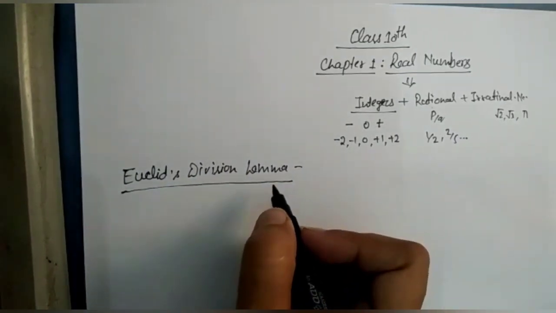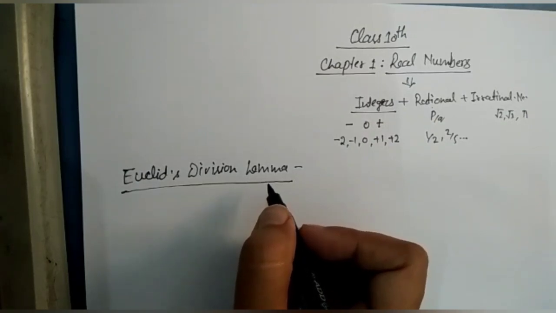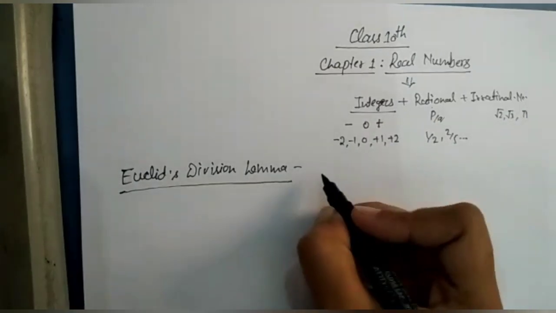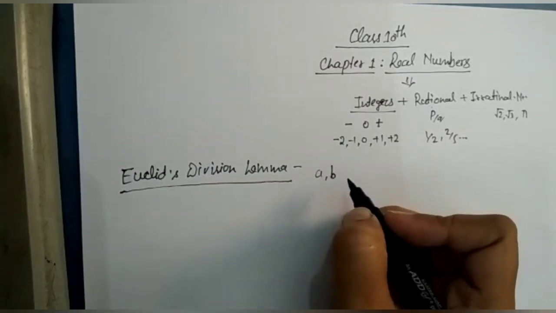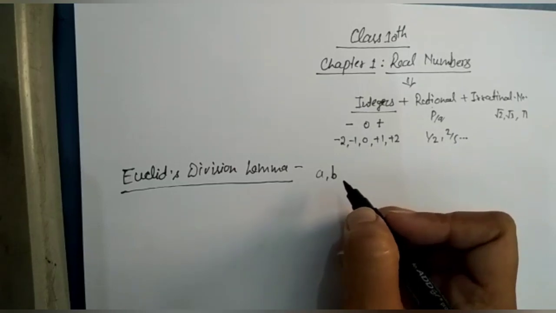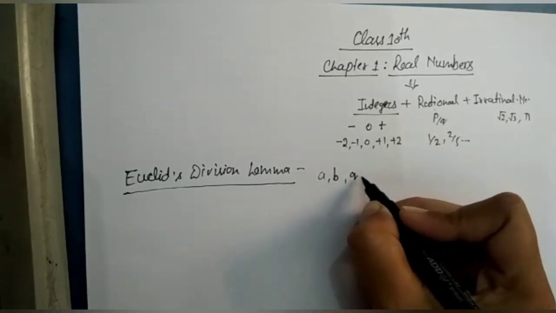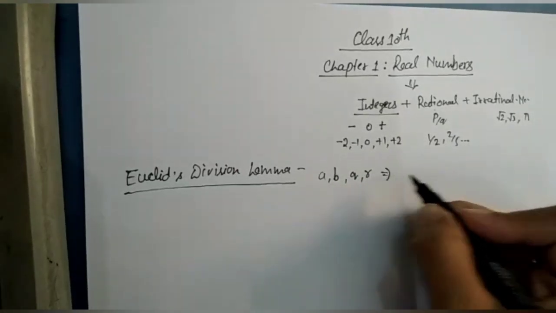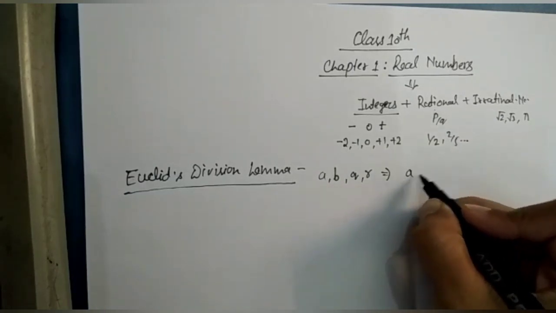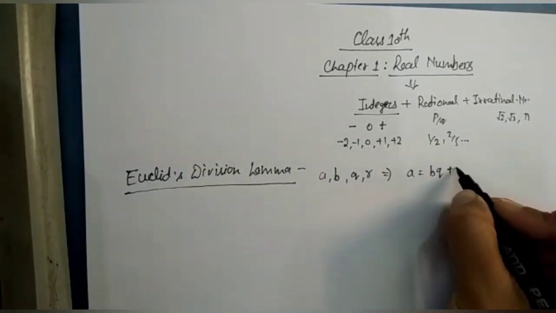According to this Euclid division lemma, here are two positive integers a and b, and there exist unique integers q and r. The relation between these four is a is equal to bq plus r.